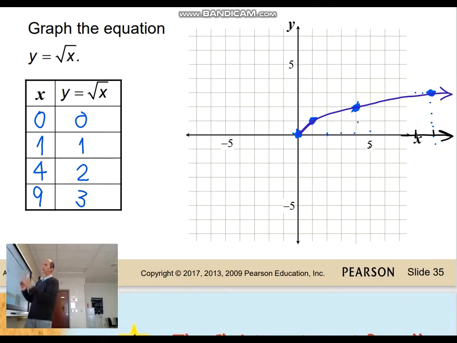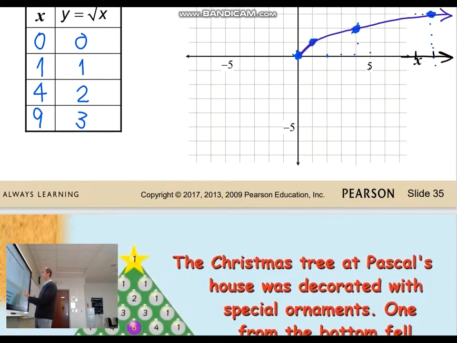One of the halves of the parabola is missing, because there is no solution in the real numbers for the square root of negative numbers. We cannot use any negative numbers on the x-axis. Okay, that's it. We conclude now the section 3.1. That's the end of section 3.1.